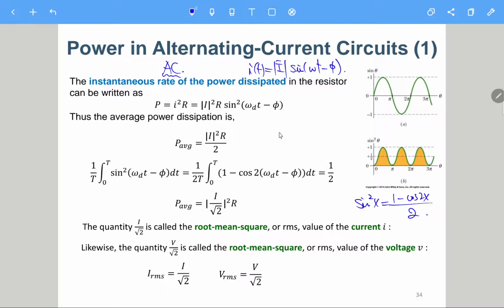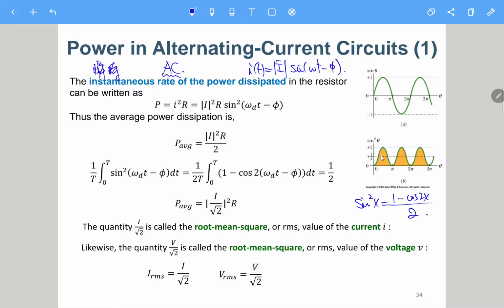Instantaneous, in Chinese is 瞬时, which means for every moment. So it is like going up, going down, going up, going down. Some of the time the instantaneous power is 0.